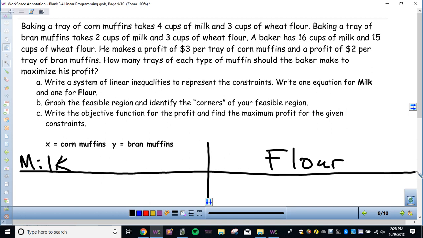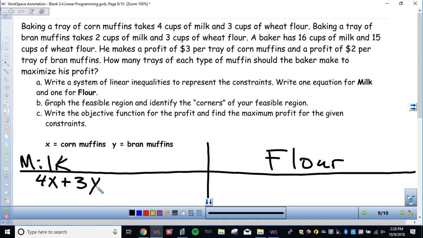So, you're getting the milk from the corn and the bran. Hayden, what is the equation for milk? How many cups of milk for the corn muffins, Hayden? 4x plus what? 3y. And then how many total cups of milk do you have?